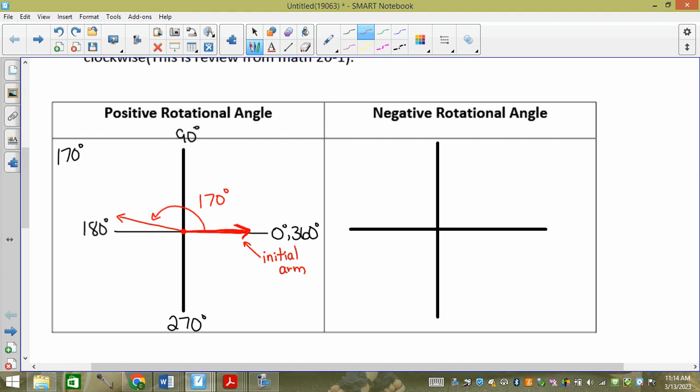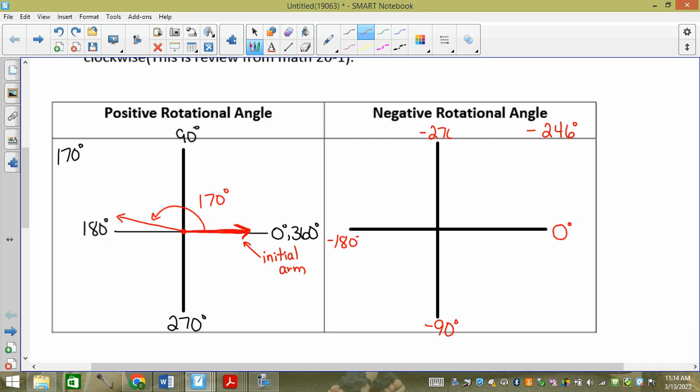Okay. Now, negative rotational angles. We need to label because it's negative. I'm going to get you to draw negative 246 degrees. So we start here and we say 0. Then we go clockwise. This is going to be negative 90. Trust me, we need to label our angles so that we know where we're going. This is negative 180. This is negative 270.